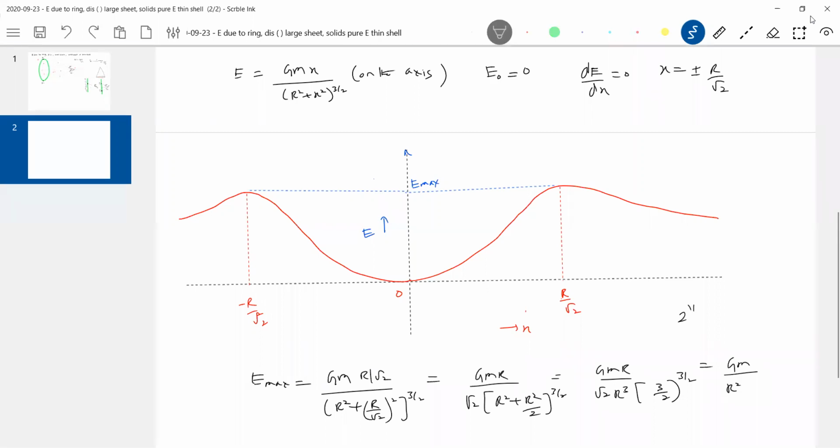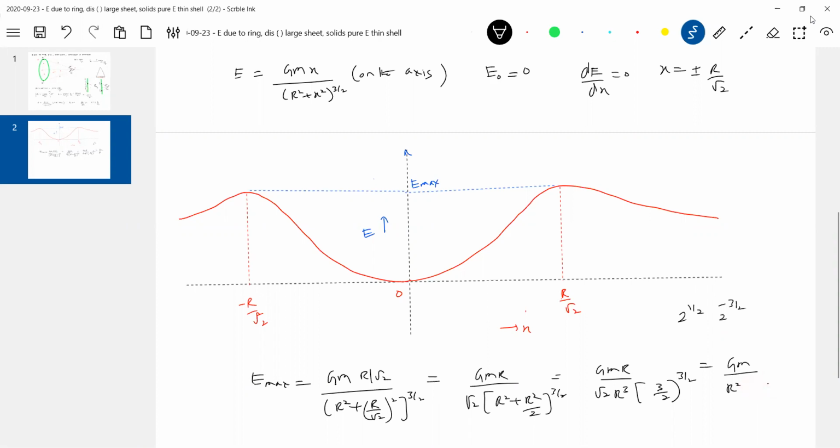So 2 to the power of 1 by 2. 2 cube, cube root. Okay, this will be 27.